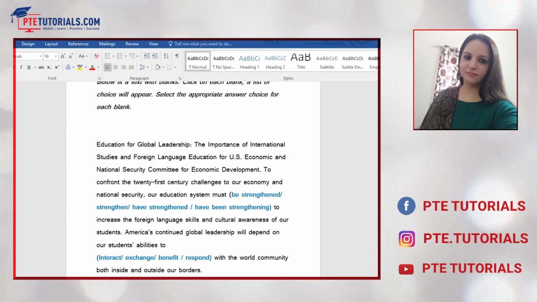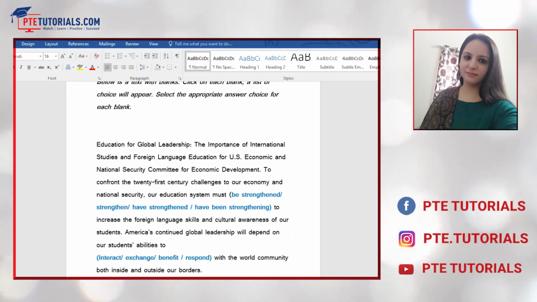The more you practice, the more you will try to know the gist of each paragraph: if this word is there, then I would be selecting these kinds of words from my options. So let's start with the very first paragraph. Side by side I will be covering grammar, collocation and understanding of the paragraphs.